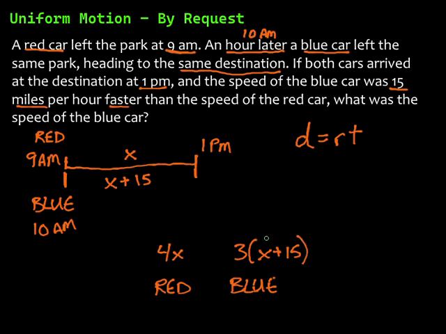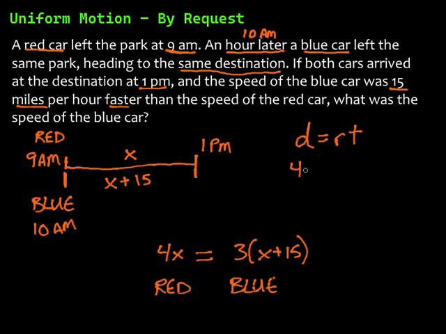Now, this rate times time right here, I flipped them. The rate is actually the X piece, and the 4 and the 3 is the time, but we can do that, right? The distance is the same. So we're just going to set these equal to each other and solve that equation. We got this. I'm going to distribute this 3 through here, and then I'm going to write it up here.